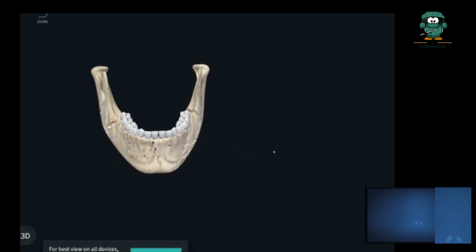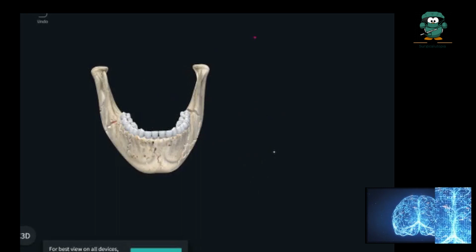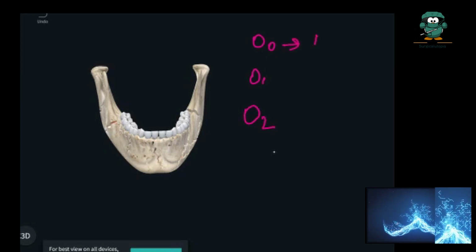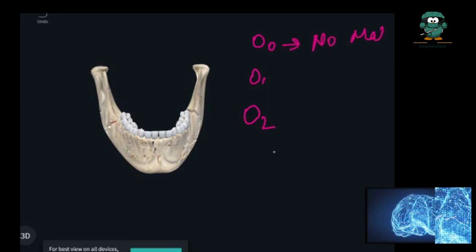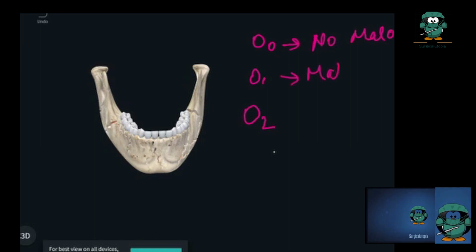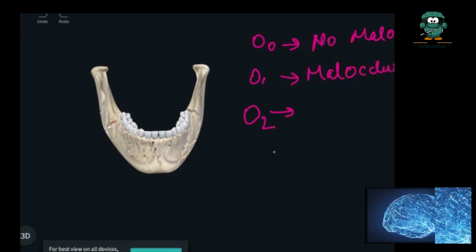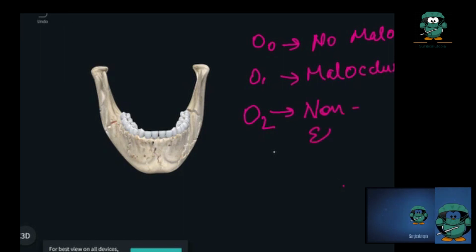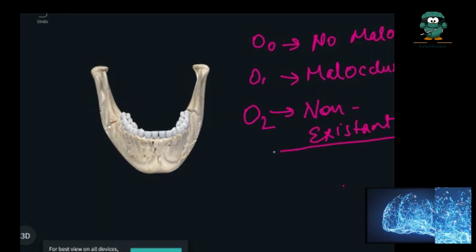Next comes O. O stands for occlusion, and it is numbered as O0, O1, O2. O0 stands for no malocclusion. O1 stands for malocclusion. O2 stands for non-existent occlusion, that is edentulous mandible.